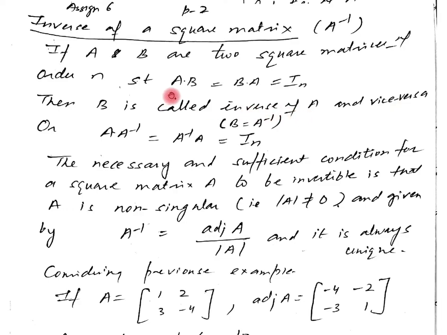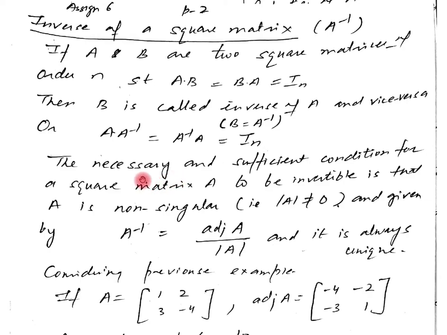So here A into B equal to B into A equal to In. Then B is called the inverse of A and vice versa, or we can say A is the inverse of B, and it is written as B equal to A inverse. Now B equal to A inverse, so A into A inverse equal to A inverse into A equal to In. This is one of the important results.